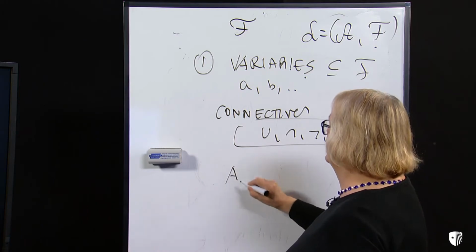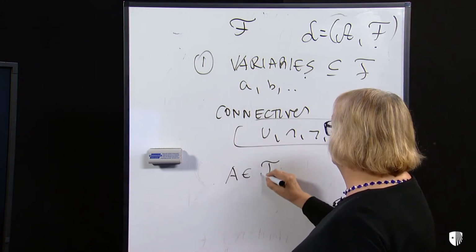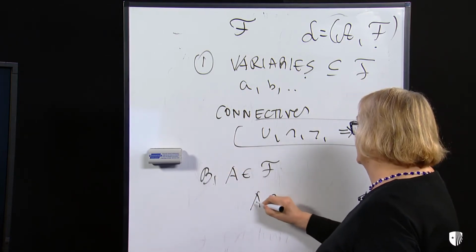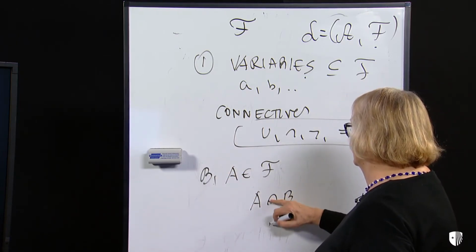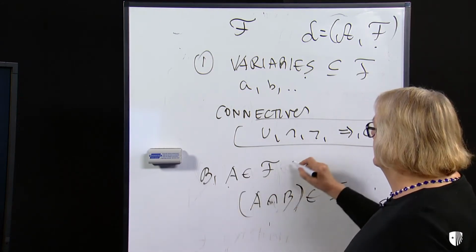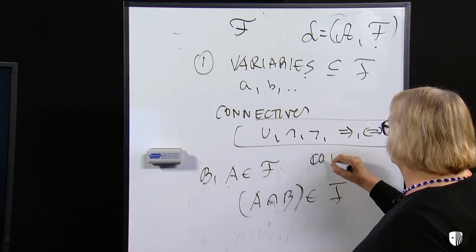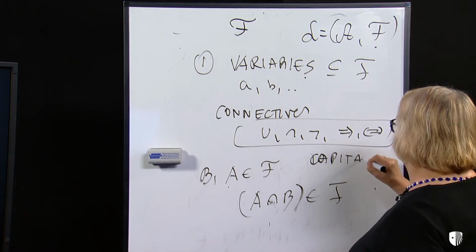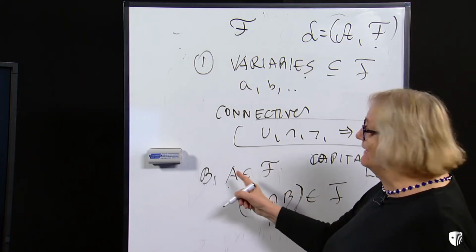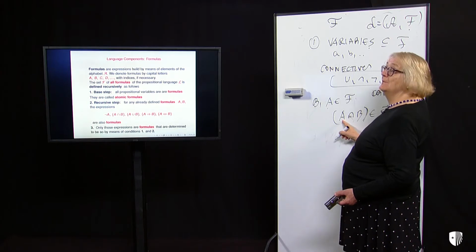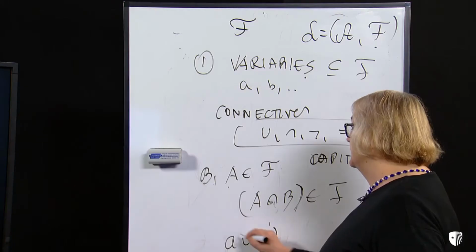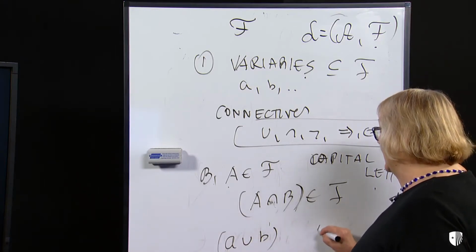If A is already a formula, and B is a formula, then A and B is a formula, etc. Here you have capital letters. If you use capital letters, it means that it can be a very complex formula. For example, A or not B is such a formula.